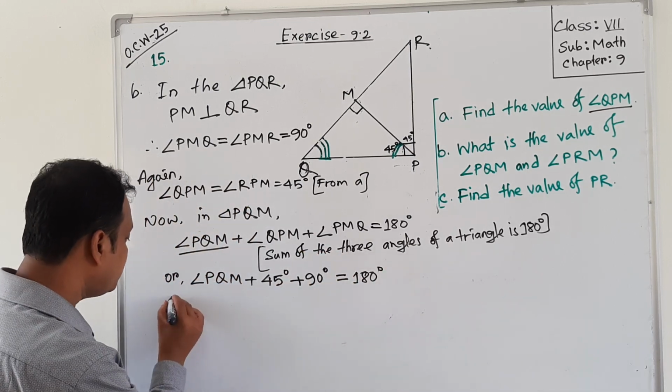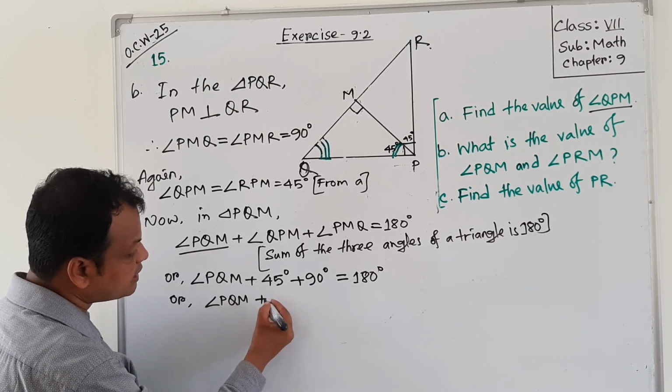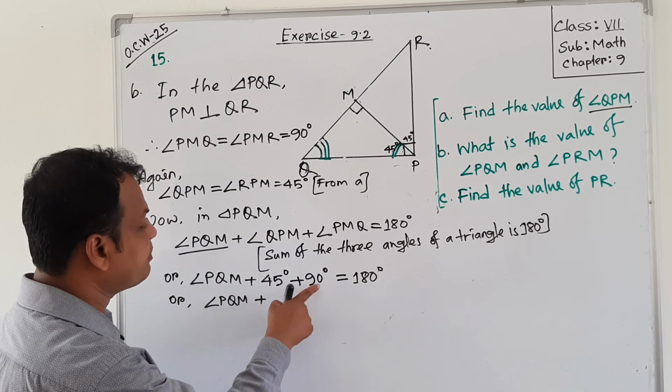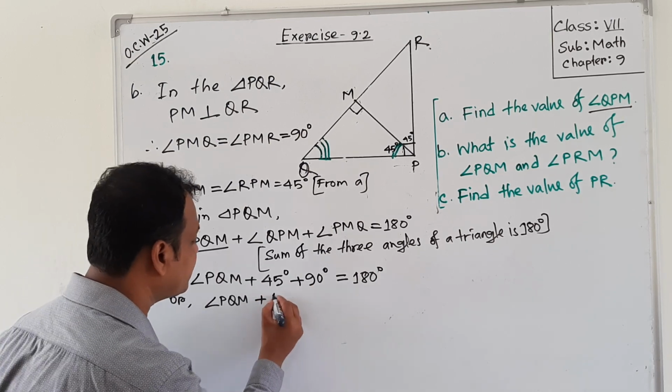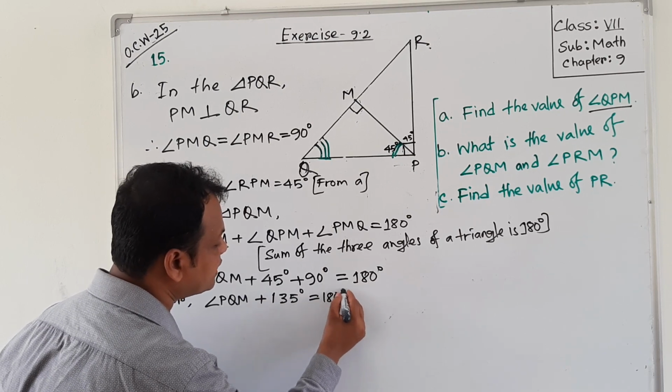Angle PQM plus 45 degrees plus 90 degrees. The sum of the two angles, 45 degrees plus 90 degrees, will be 135 degrees. So 135 degrees equals 180 degrees.